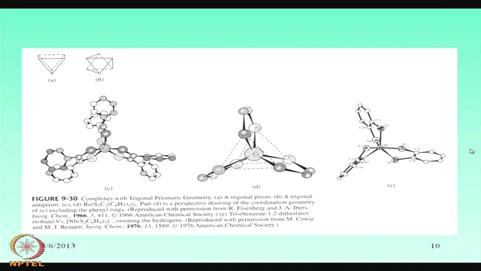And the last example is the corresponding niobium compound, where again hydrogen atoms are not shown, and in this particular case also we have two trigonal planes, one after another, and they are in eclipse geometry, giving rise to a corresponding trigonal prismatic configuration.